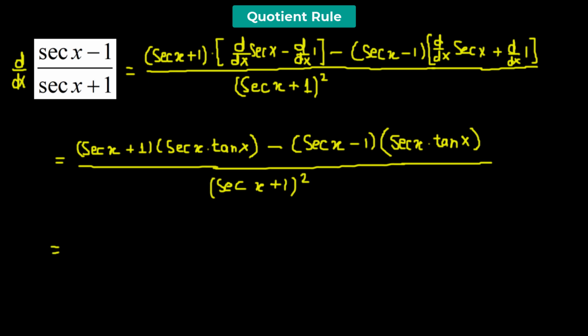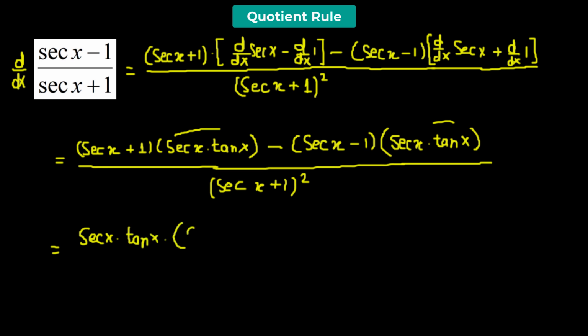Now we can take secant of x times tangent of x as the common term. So we'll get secant of x times tangent of x.